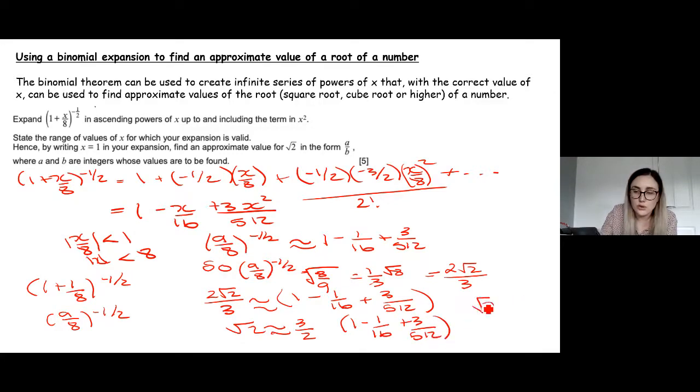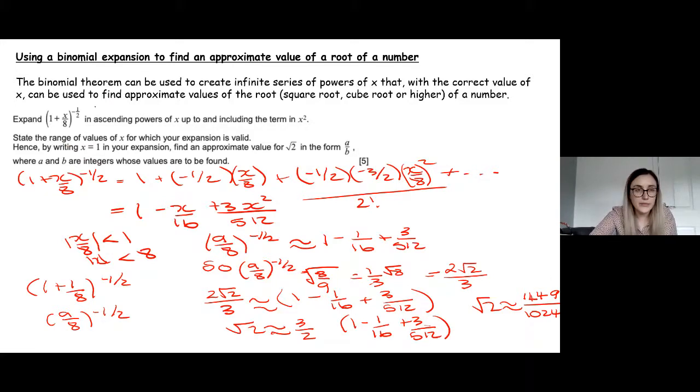So root 2 is approximately equal to, if I solve this, add this together, times by 3 over 2, that gives me 1,449 divided by 1,024. And that's my value of a, and that's my value of b, as they are integers. Okay, so that's how I do that one.